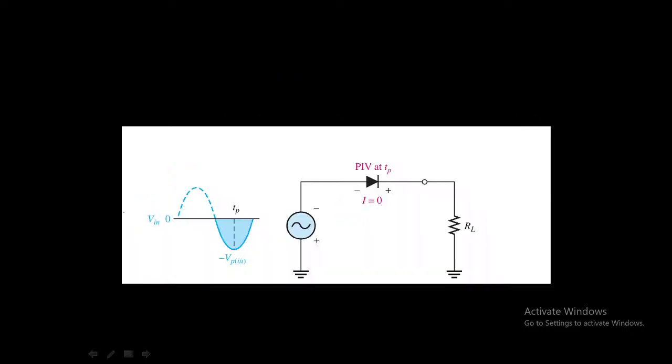From the graph, if you observe this point in the negative region, it is called the peak inverse voltage, minus Vp.